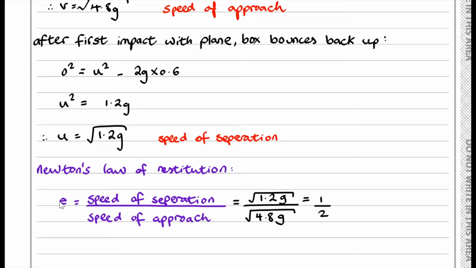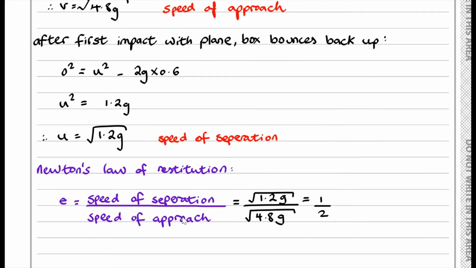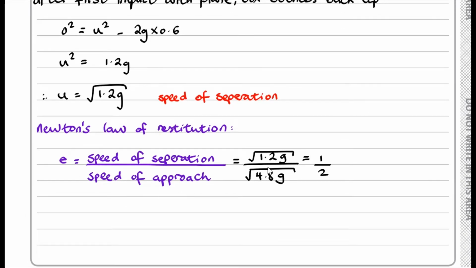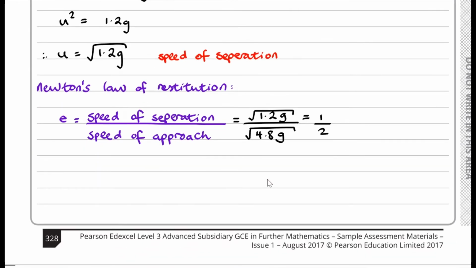So we already know that e is a half, and again we would have to use this. If we call the speed of separation v dash, that's once it hits the ground and bounces back up, because remember it goes back down. It starts off at this speed, so it's approaching the floor again with this speed, and we have to find the speed when it bounces back up.